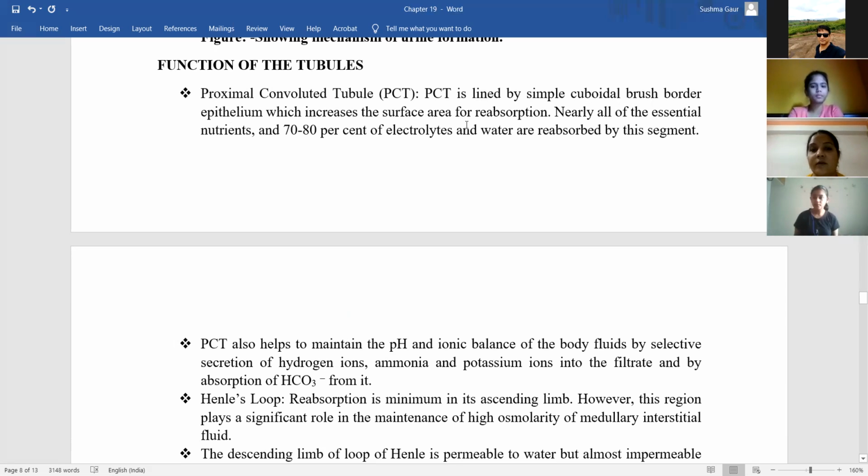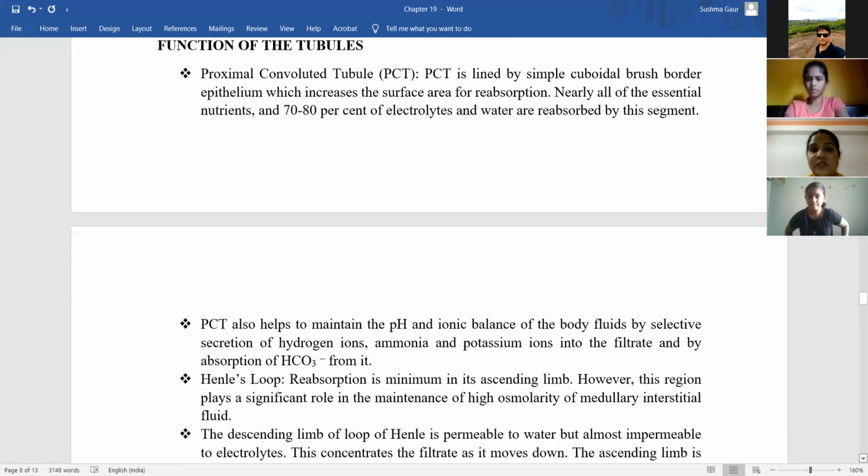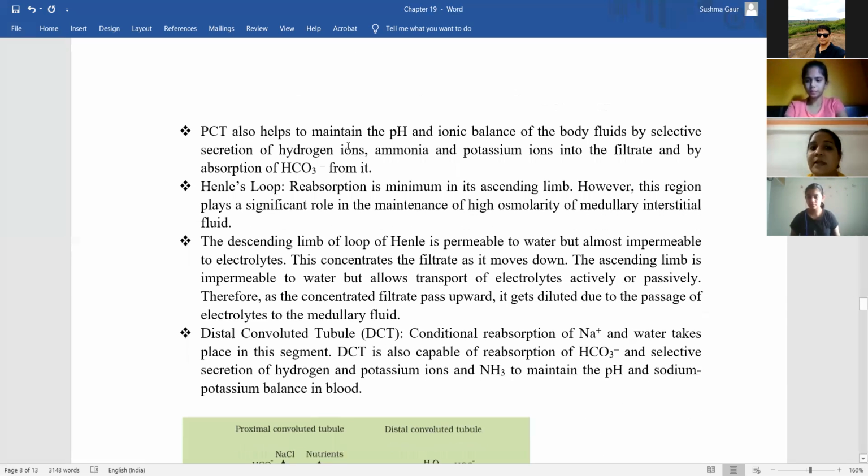So the main function of the PCT is that it helps in maintaining the pH and ionic balance of the body fluids by selective secretion of hydrogen ions, ammonia and potassium ions into the filtrate, and by reabsorption of bicarbonate from it.